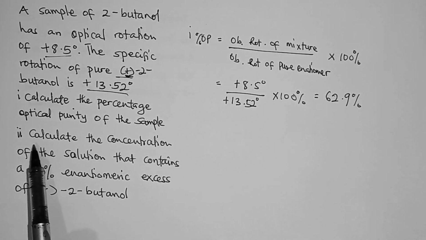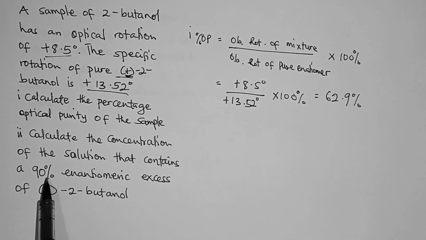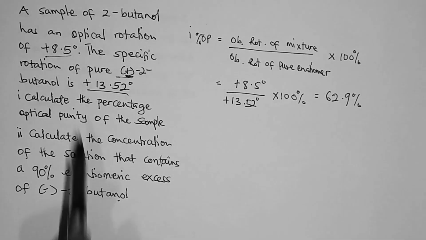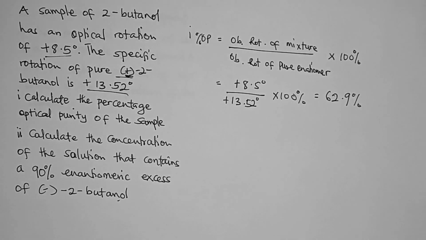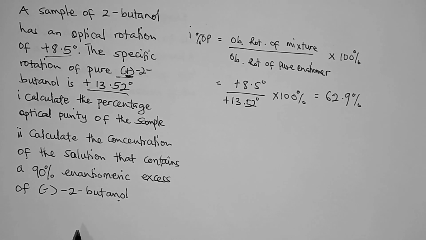But in the second part, it says to calculate the concentration of the solution that contains 90% enantiomeric excess of minus 2-butanol. So the second part and the first part are two different questions. However, they have one thing in common: the path length. Both measurements were carried out in the same tube, and therefore they have the same path length.